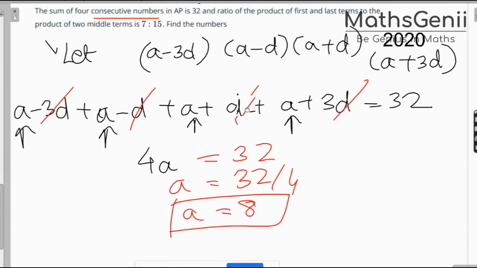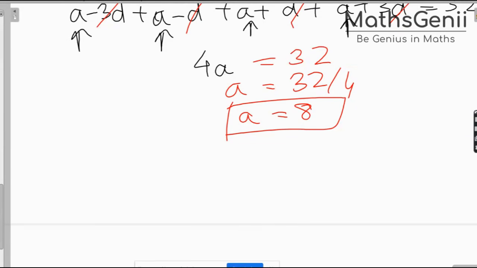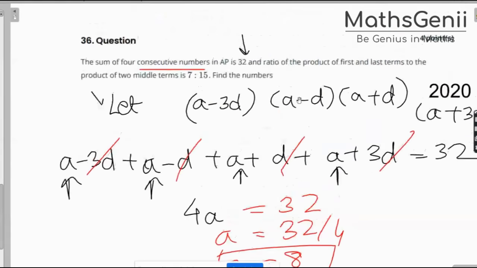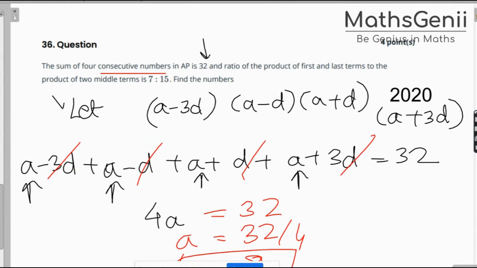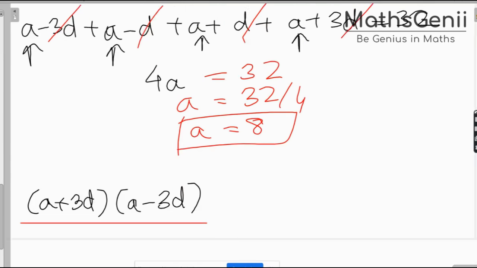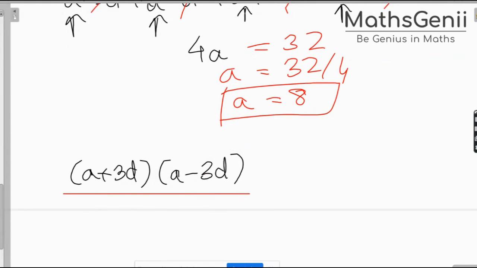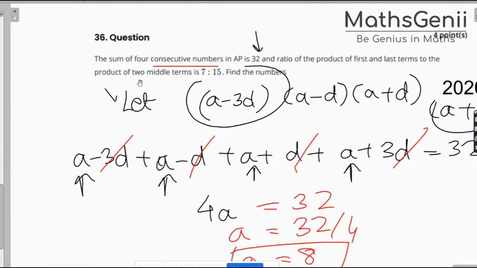Now let's look at the other part of the question. He says a ratio. Ratio means what? Ratio of what? First and last term. So what is the first term? This. What is the last term? This. First and last term, divided by the product of the two middle terms.